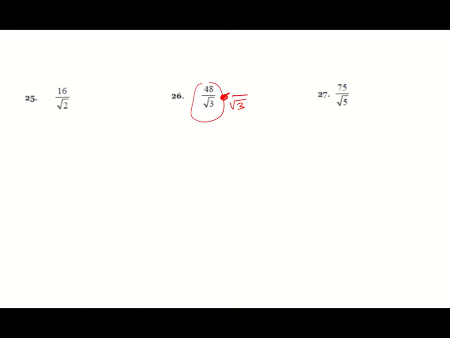When you have the same thing on top and bottom of a fraction, that is like multiplying by 1. So we can multiply the top and bottom by square root of 3 and not change it. On the top we'd have 48 times square root of 3. On the bottom you'd now have square root of 3 times square root of 3.